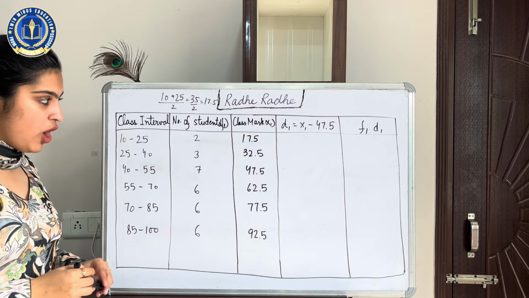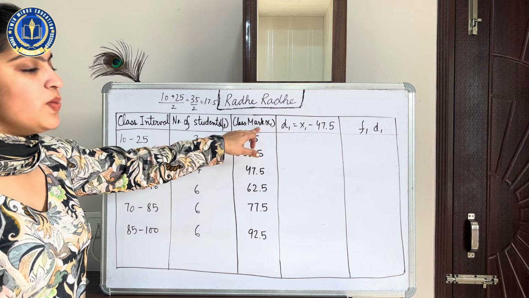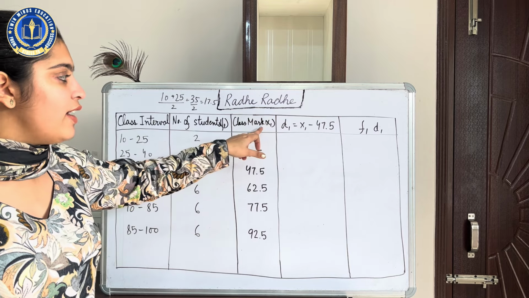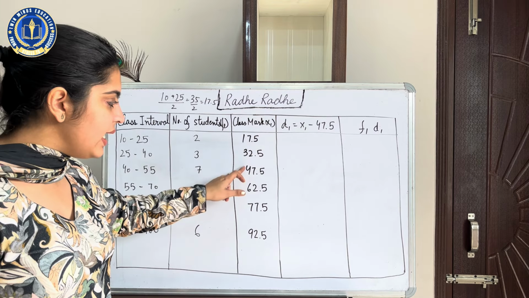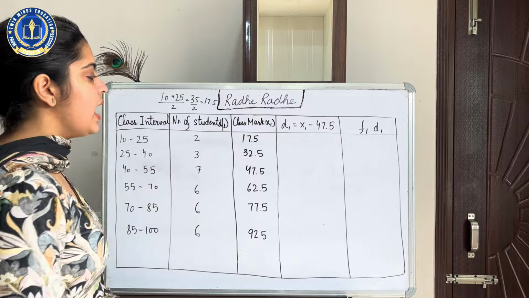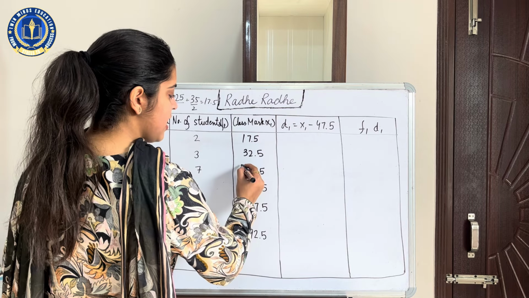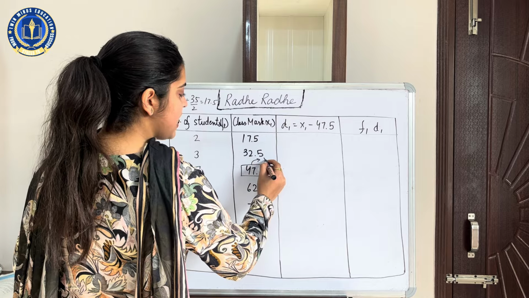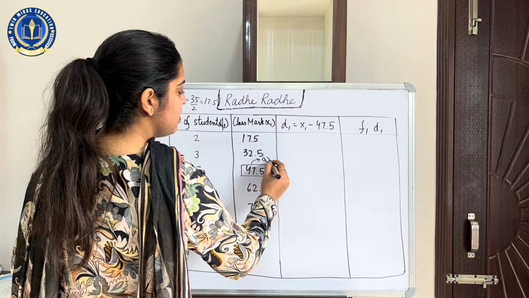Now, from our class marks, which we also call xi or x dash, we have to assume any number to be our mean. For example, I will assume this as my mean. This is what we call assumed mean.